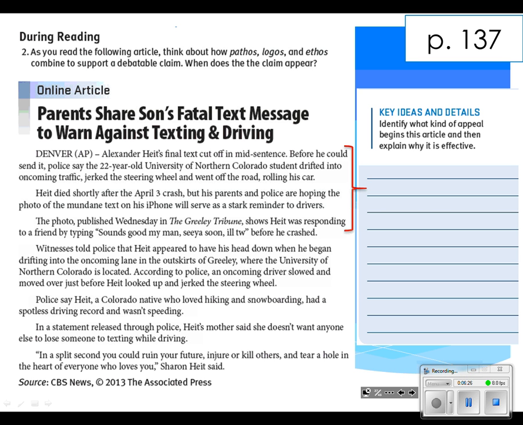Okay, 5 more seconds. All right. Now, depending on how you argue this, your response might be different than the one that pops up on the screen. So I'm going to have you go ahead and write down this particular piece. This is a really great example of a pathos appeal.